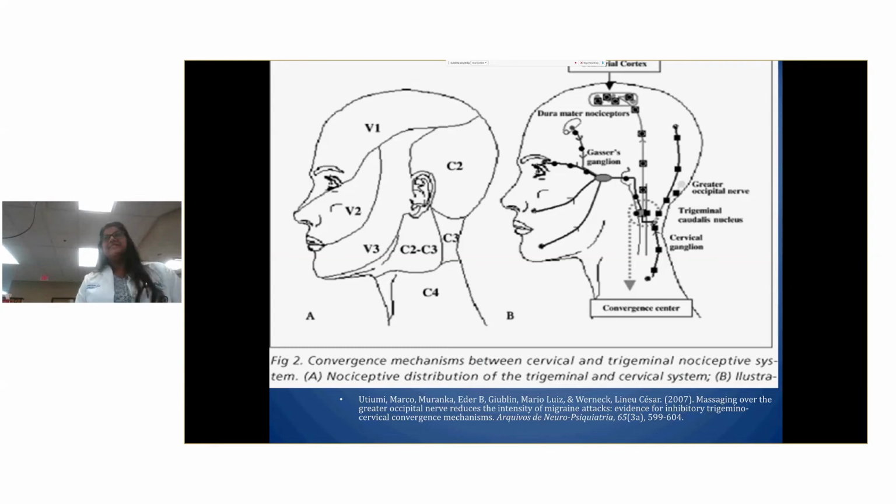I can't point to it because I don't have a pointer, but the dotted line basically is where the convergence center is occurring. There are also some studies that say the spinal accessory nerve also contributes in this convergence center. And if you remember, the spinal accessory nerve innervates the sternocleidomastoid and part of the trapezius.